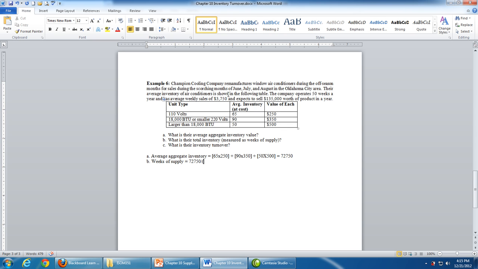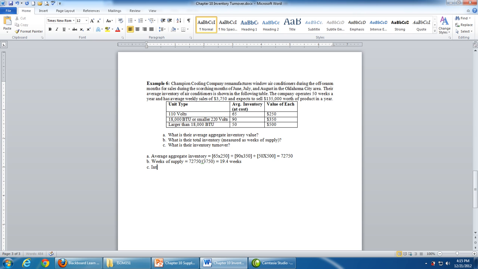Weekly average sale is 3,750. So weeks of supply is about 19.4 weeks. Oh, not a very good situation. You have too much inventory, which will last about 20 weeks. A lot of inventory.